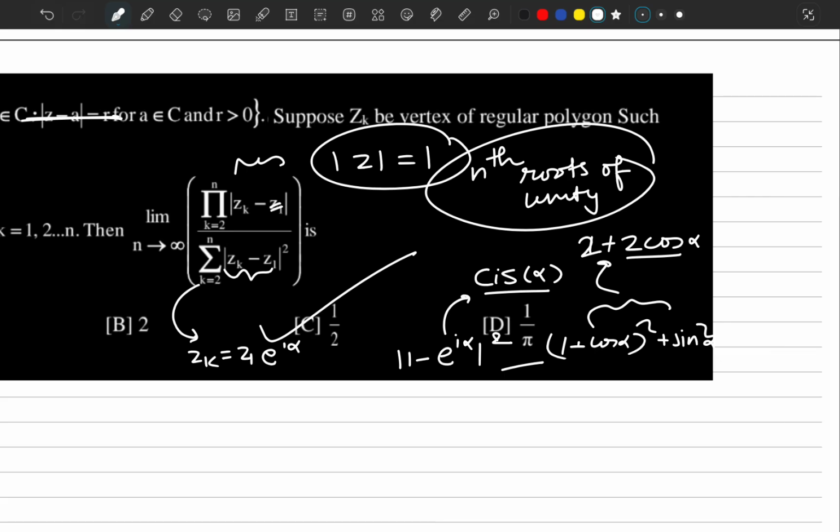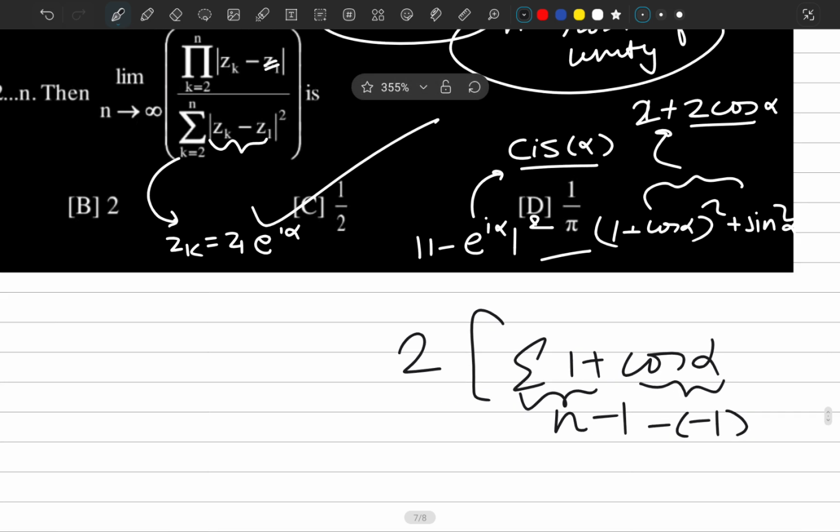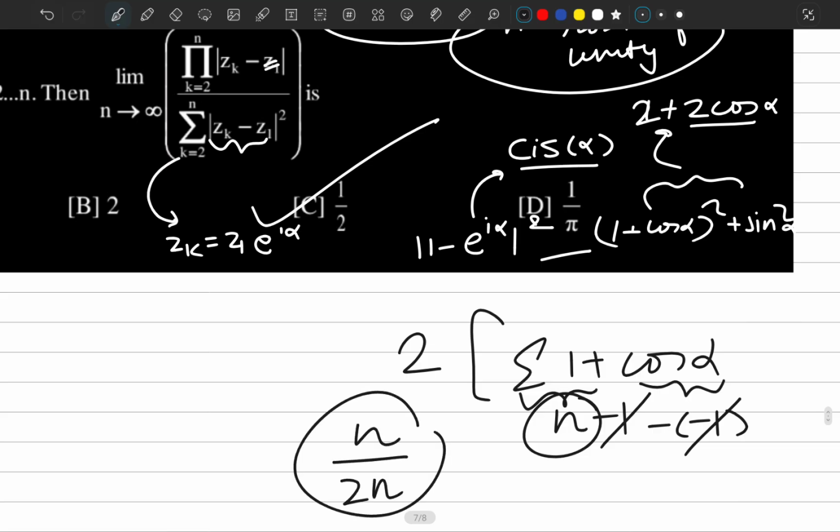And then you have to take out 2 as common, and this will become 1 plus cos alpha. This will become n minus 1, and this, I guess, it turns out to be minus 1 minus of minus 1, something like that. I don't remember it correctly. Then it simplifies. This gives us n, 2n, and the above quantity also gives us n, right?